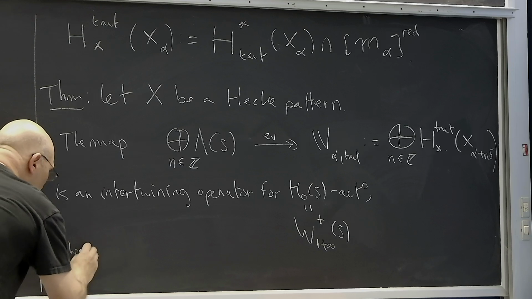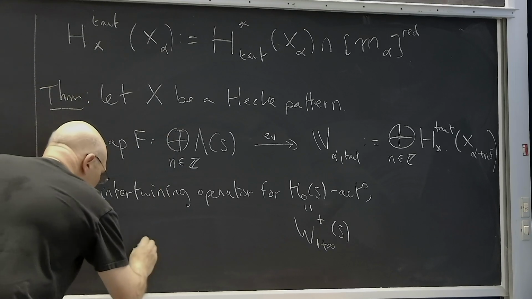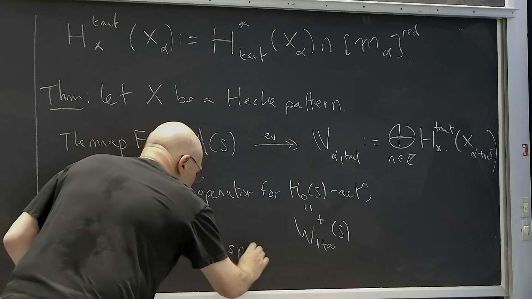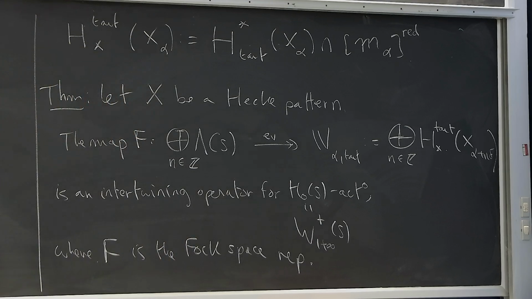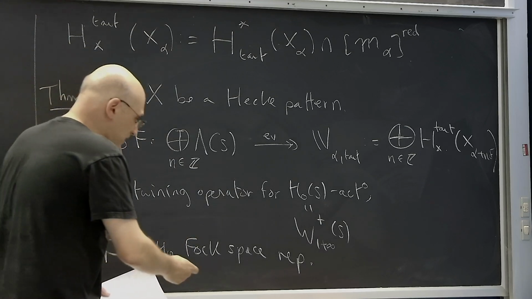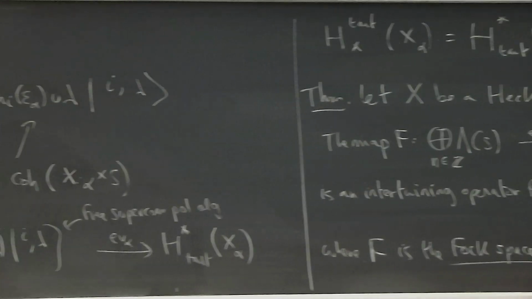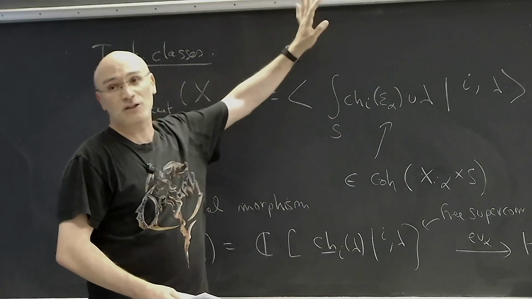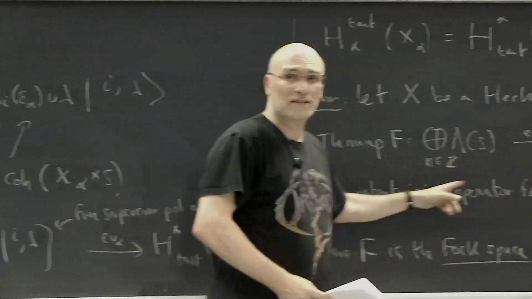Where this thing here, let me call it F, is the Fock space representation. Okay, so I did not want to bore you with the definition of the Fock space representation, but one can write some explicit formulas for the action of this W1 plus infinity algebra of S on this big ring of tautological classes.